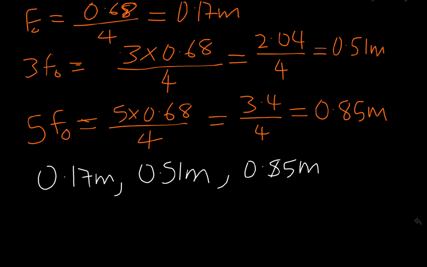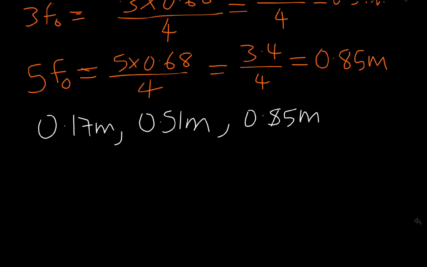Now the possible resonances here are 0.17 and 0.51. The 0.85 is beyond it, because 0.85 meters is greater than the length of the jar.